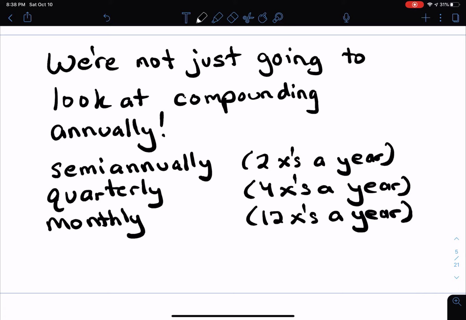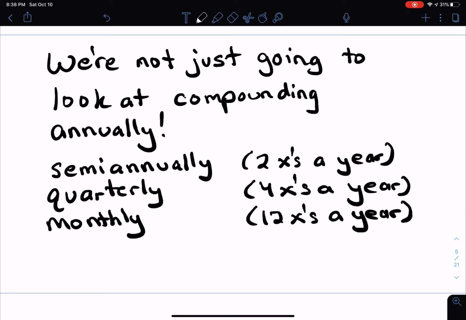At the end of the year, what do you have in your account then and there? Figure out the interest, add it in, boom. You do that year after year. Quarterly, you do that 4 times a year. After 3 months, you stop and look at what's in your account, compute the interest based on that time period, add it in, move on.